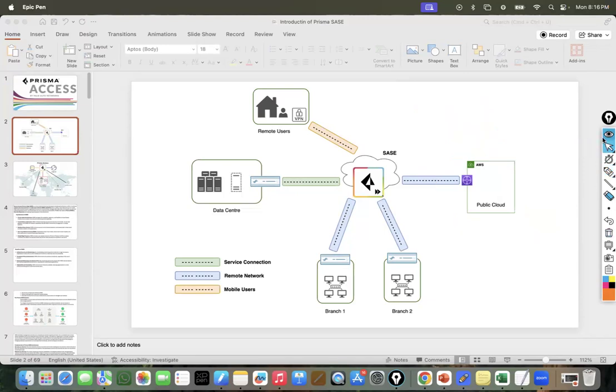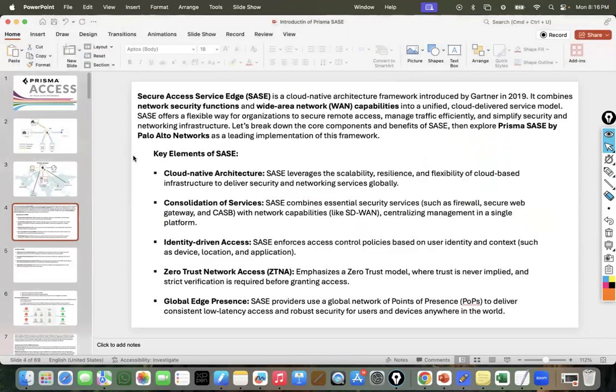Let me quickly give an idea so that at least you understand what SASE is. SASE is Secure Access Service Edge, a cloud-native architecture, and it is a framework that was introduced by Gartner in 2019.